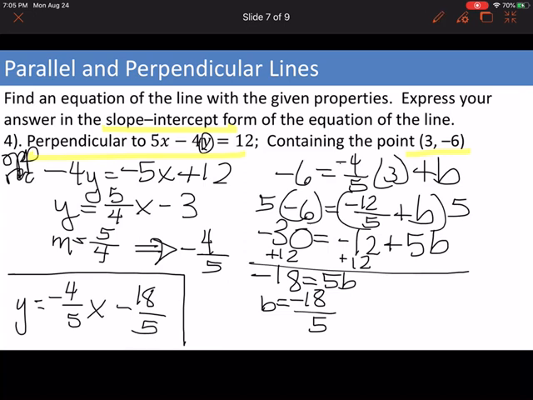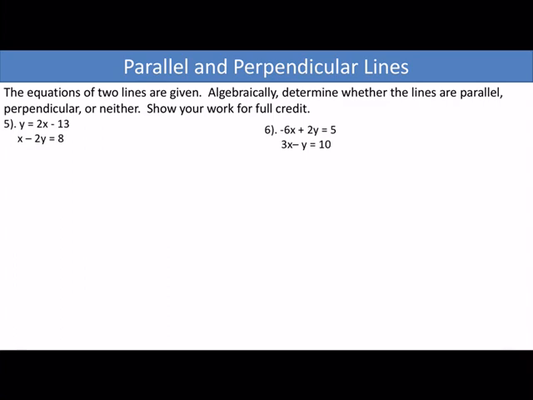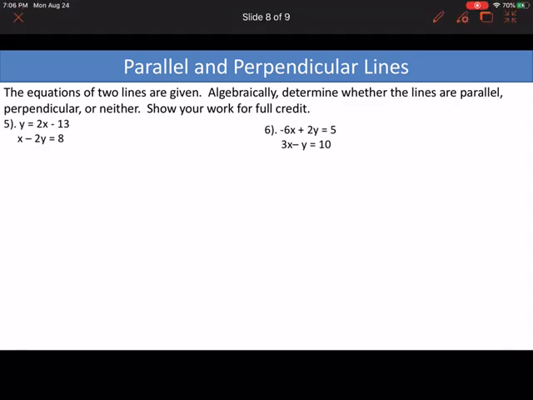Now sometimes we're given two lines and it's not graphically, so algebraically we need to figure out are they parallel, perpendicular, or neither. So remember, parallel, same. We're looking for same, opposite reciprocals. And if it's neither of those two, if it's not one or the other, then it's neither.